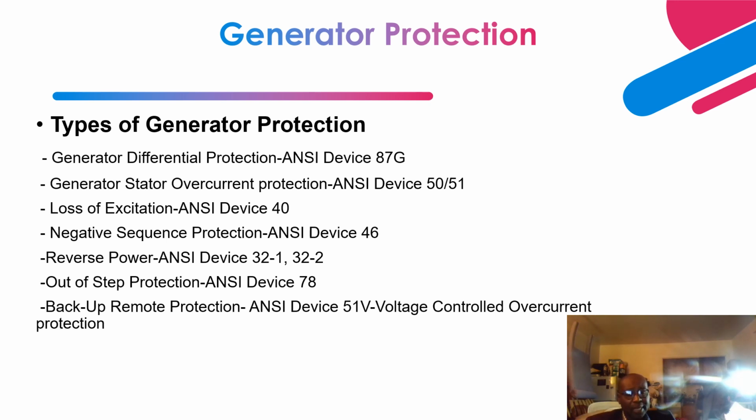Also, sometimes when a fault occurs, especially high impedance faults, the fault current magnitude is so low that it will be difficult for the conventional 87G relay and 50/51 relay to detect those faults.